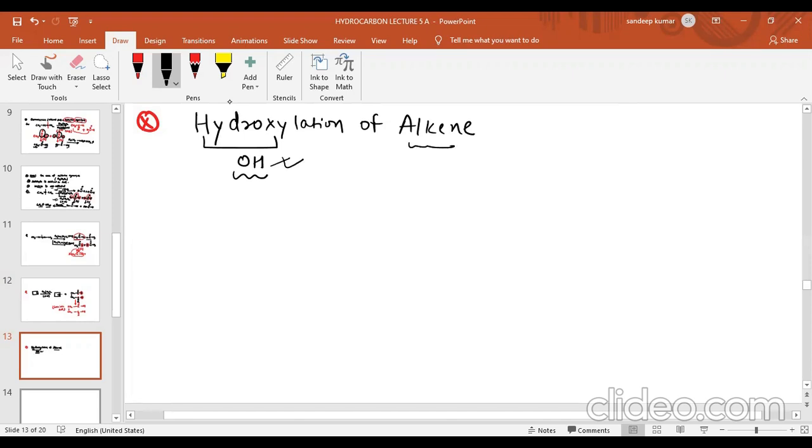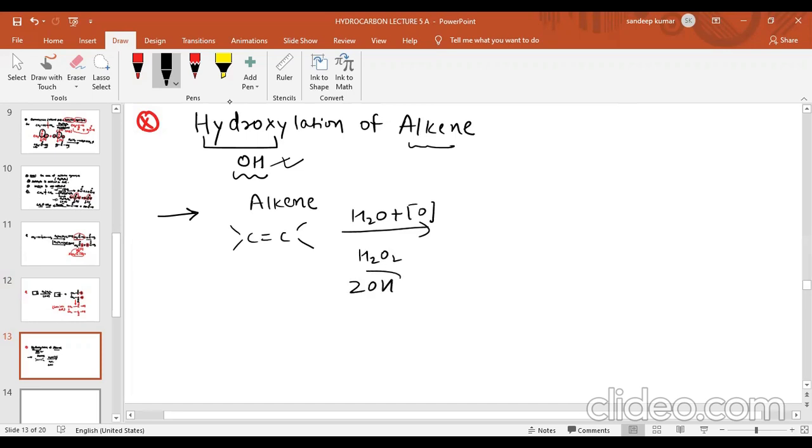Now see, what are the methods used for hydroxylation reaction and what is the requirement for the hydroxylation reaction? If alkene is given like this, C double bond C, in this way alkene is given. When there is oxidation in presence of nascent oxygen, water plus nascent oxygen is basically H2O2. It means two OH groups are there.